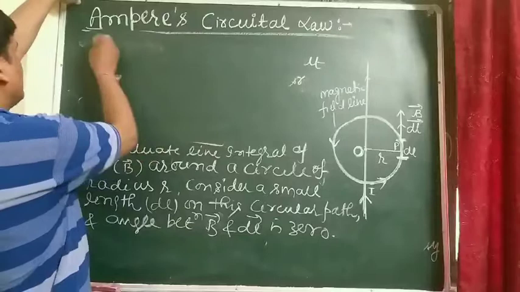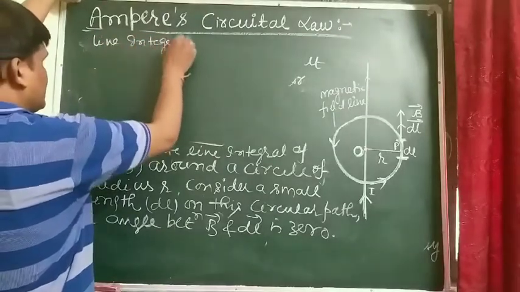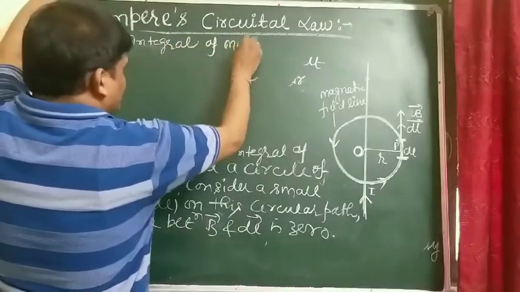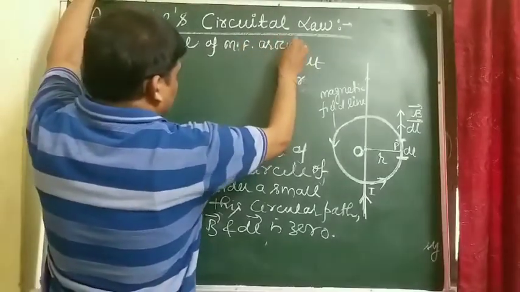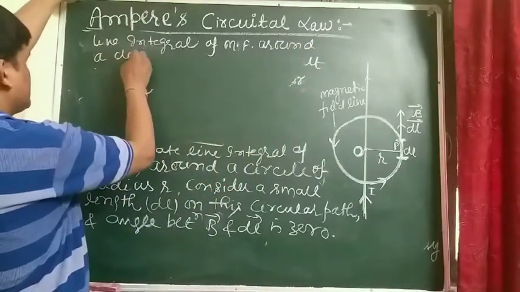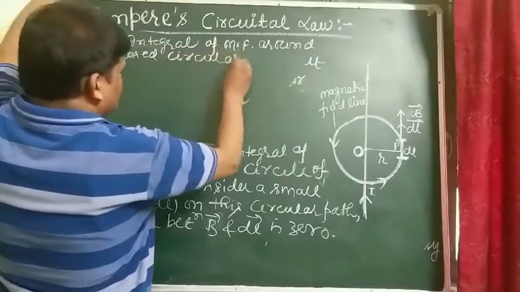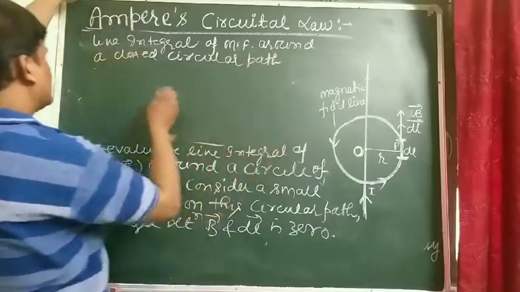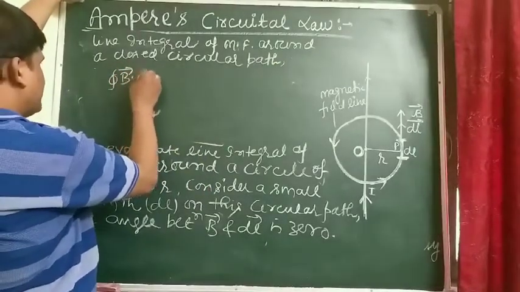So the line integral of the magnetic field around a closed circular path can be written as B dot dl.